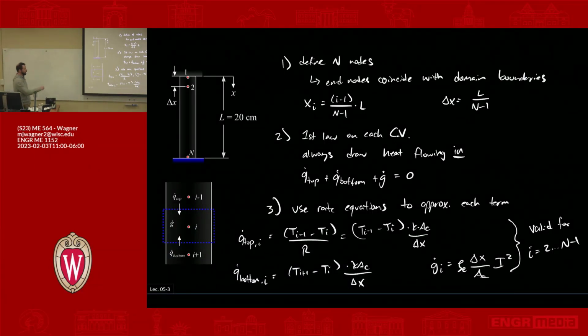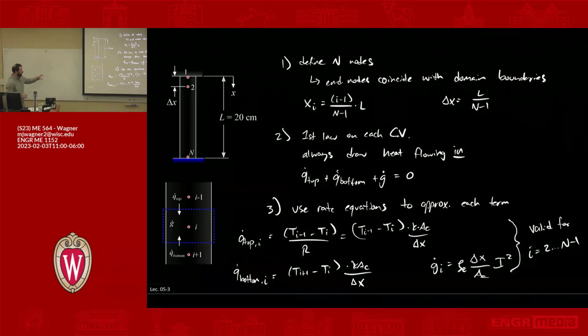So I now have n minus 2 equations. I just duplicate this set of equations with this energy balance n minus 2 times, and I've accounted for almost all of the relationships between nodes in this body. What I'm left with is needing to do the same thing on the n nodes. You need to also come up with an energy balance and repeat this process for the n nodes so that you can come up with your 2 additional equations that you need.